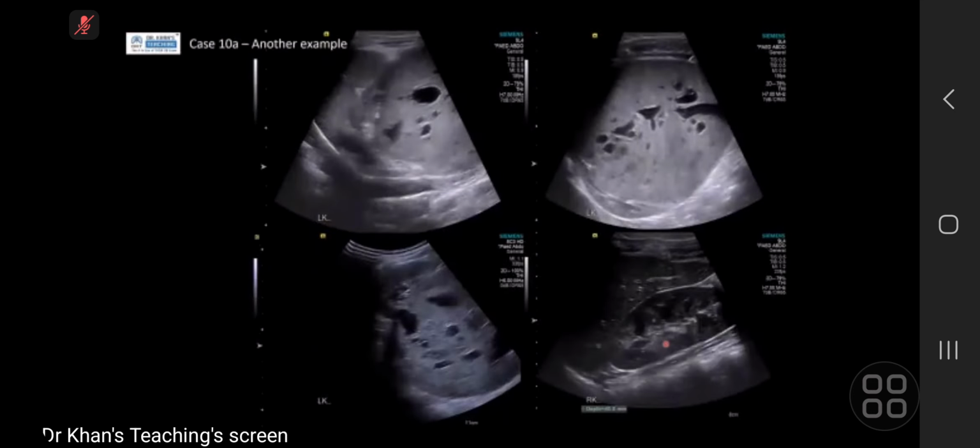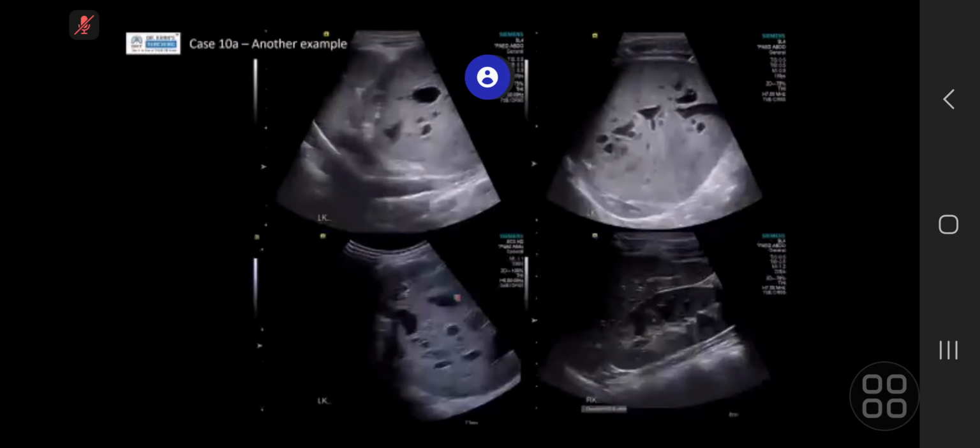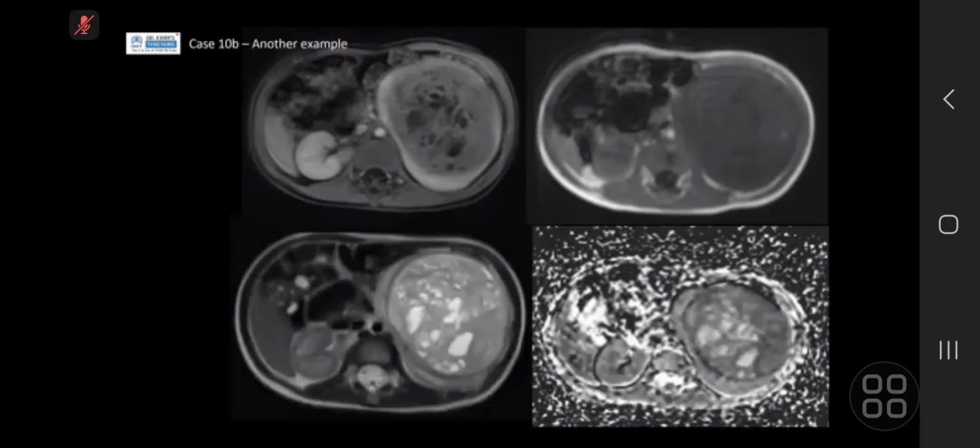Just another example of Wilms on ultrasound, and following that, you get this mixed cystic solid mass. You would wonder where it's coming from here. Is this a claw sign from the renal tissue? On the other side, the left kidney looks normal, and you see nicely this claw sign from the renal parenchyma on these images.